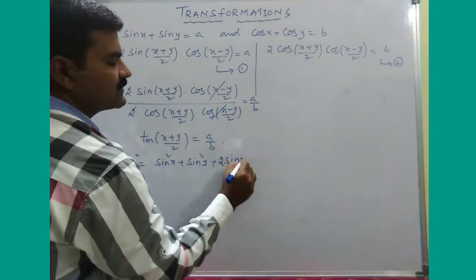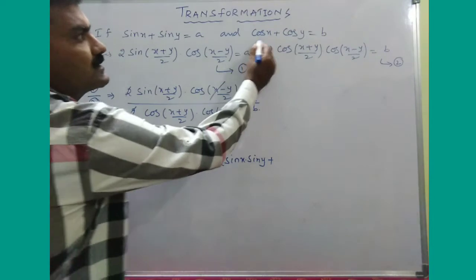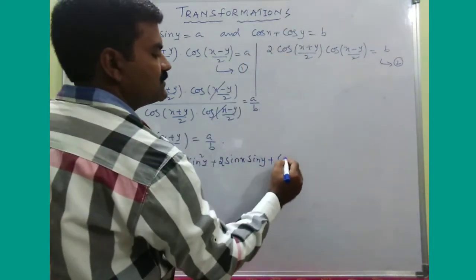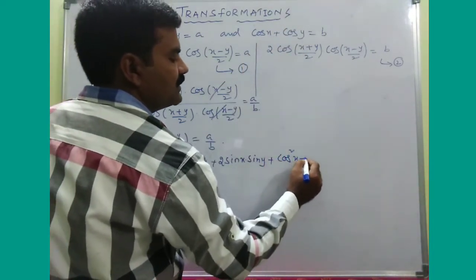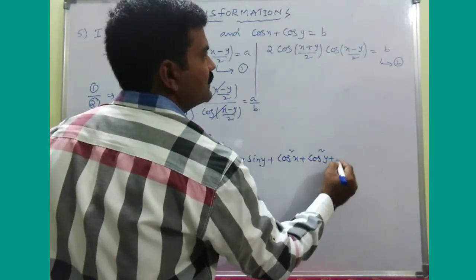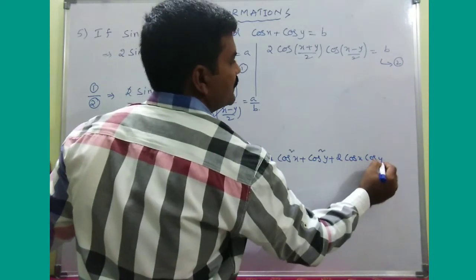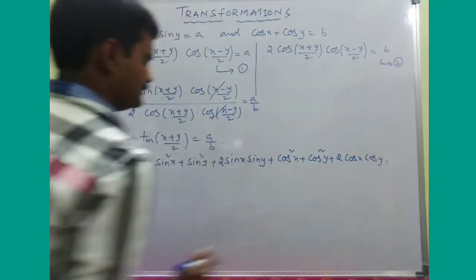2 sin x into sin y. Plus the other whole square. Here also, if you apply (a plus b) whole square, cos square x plus cos square y plus 2 into cos x into cos y. That's it.